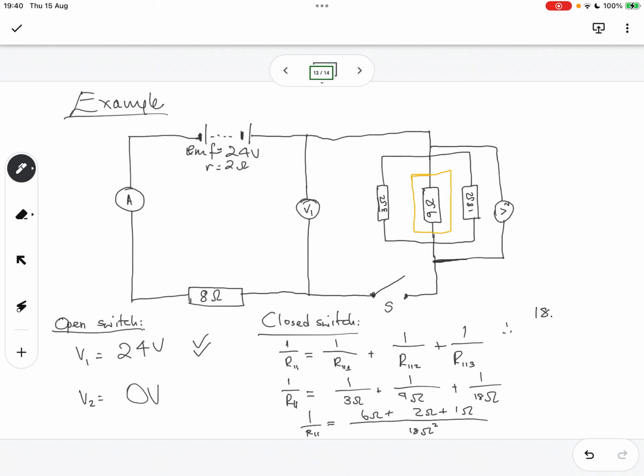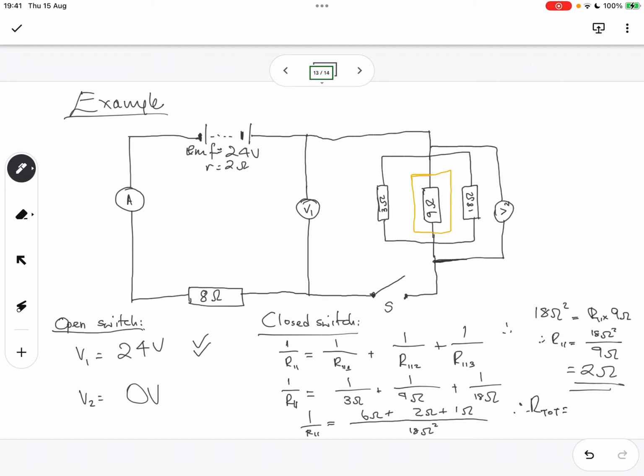Therefore, we will have 18, and this equals 6 plus 2 plus 1, which is 9. So 1 over R parallel equals 9 over 18. Therefore, the total resistance of the parallel component would be 18 divided by 9, which is 2 ohms.